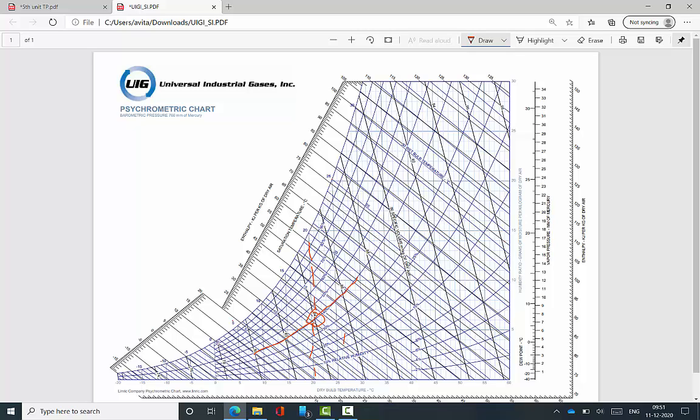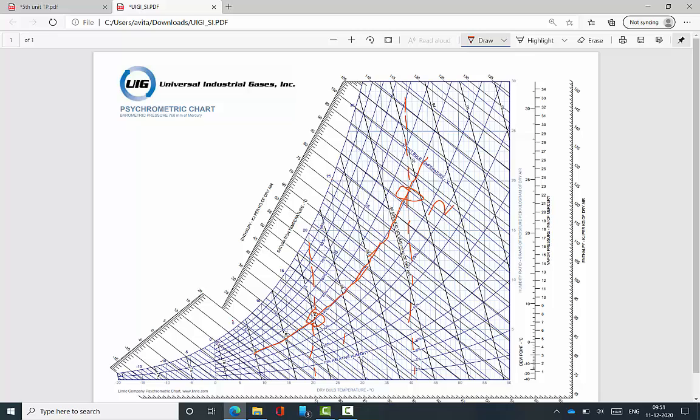Then second, the secondary air temperature is 40 degrees Celsius. Therefore, from 40 degrees Celsius, extend a vertical line. And the relative humidity is what? The same as in the first case, the primary air. Then extend that same 40% relative humidity line and it intersects at one point. This is the second point.